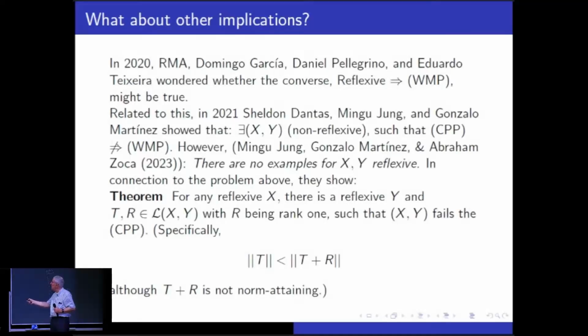The norm of T is less than the norm of T plus R, so we have this perturbation by a rank 1 operator, but T plus R is not norm attaining. So there are many things which are somehow delicate and subtle.